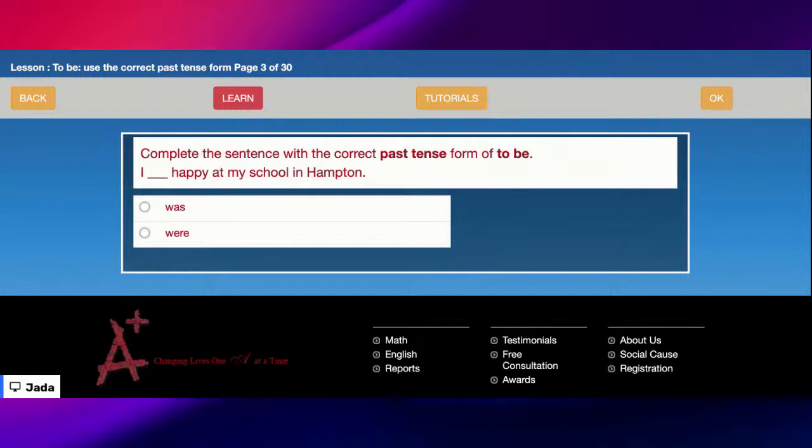So what's the right answer here? Was or were? I was happy. Okay. So I was happy at my school in Hampton.